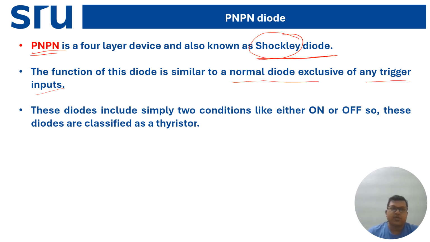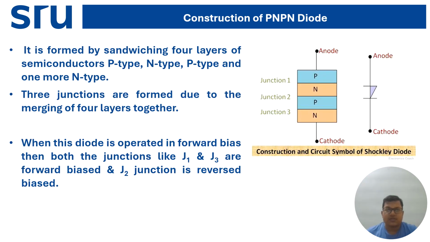So these diodes are classified as thyristors. This is a special type of classification which we call a thyristor. We will see next its construction and how it works.